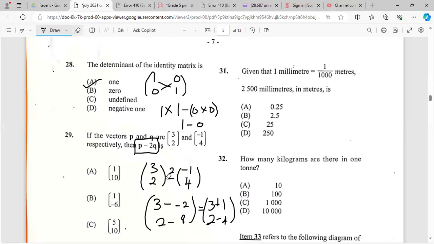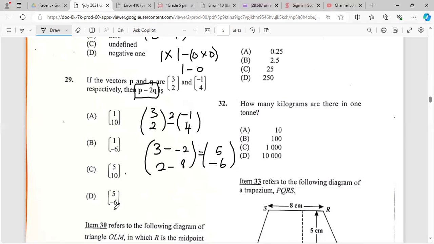I totally ignored the 2 before. So this is going to become 3 plus 2, which is 5, and 2 minus 8, that's negative 6. You know that we have to multiply or expand the bracket by whatever number is here. Drop back to minus, so we don't get mixed up.